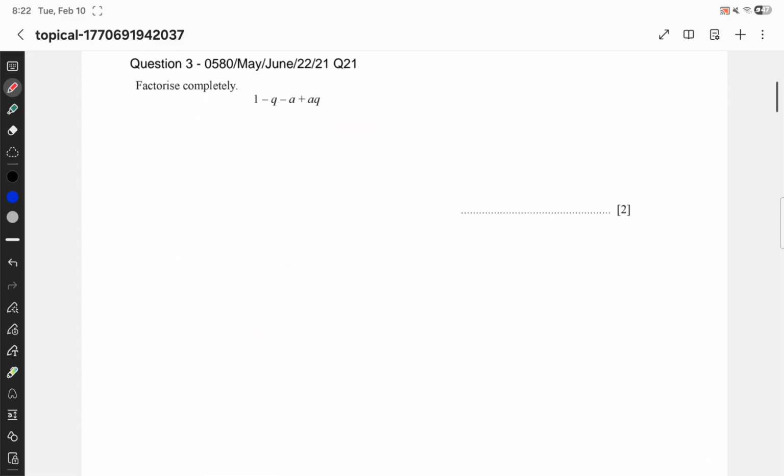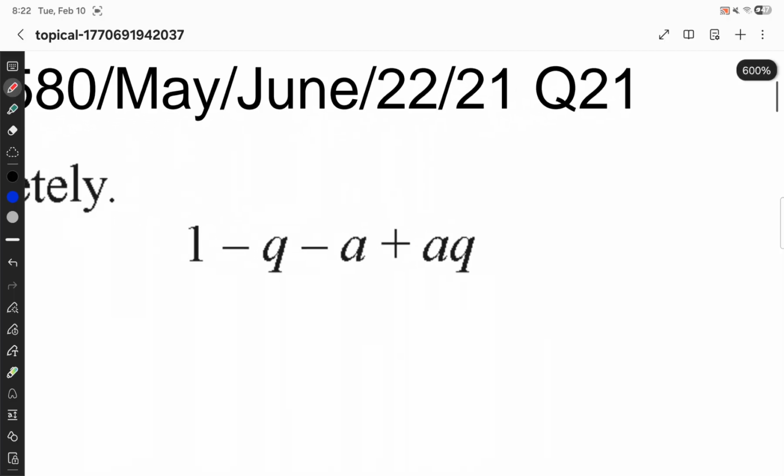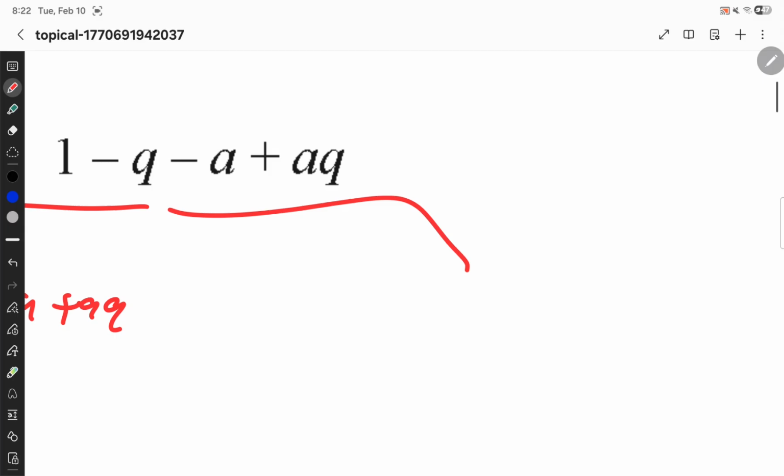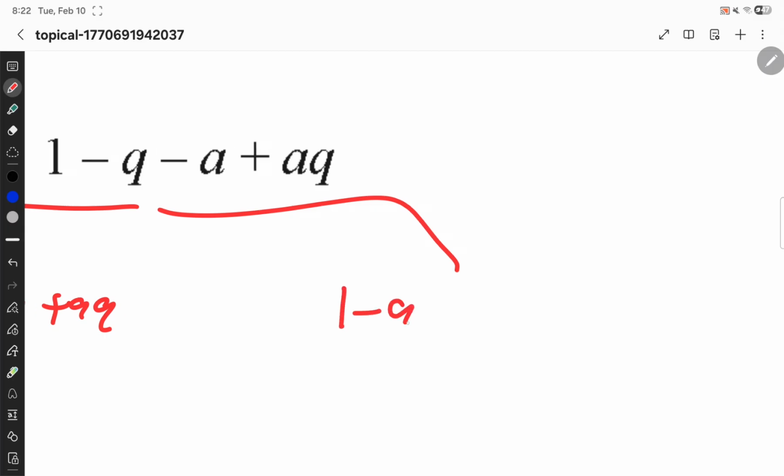Next is with 4 terms. How do you do this? Well, you can do this by checking under which variable you are making pairs. We can make pairs on q or on a. So there can be two types of pairs: 1 minus q and negative a plus aq, or 1 minus a and negative q plus aq.